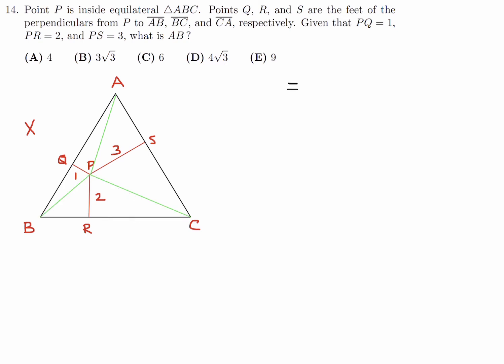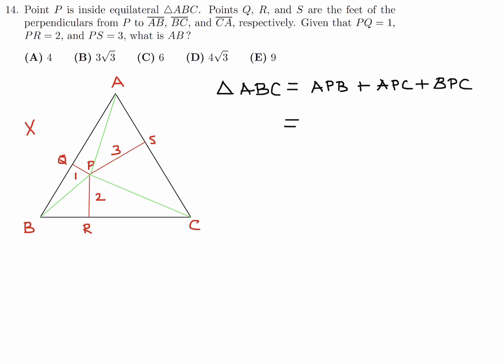Now, if you treat each of those triangles as a separate unit and calculate its area, if you add them all up, it will equal the total area of ABC. So the area of triangle ABC is the area of triangle APB plus APC plus BPC.